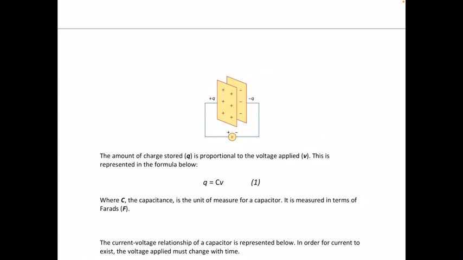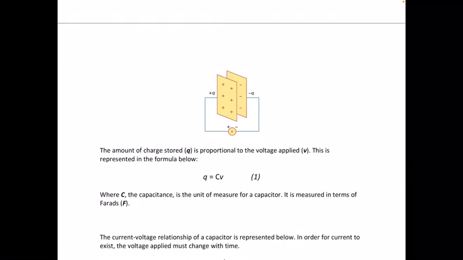So we have resistance for a resistor, we have capacitance for a capacitor, which really is a no-brainer. It is measured in terms of farads. I think you're familiar with Michael Faraday. This is in honor of Michael Faraday, but we won't be talking about him here.